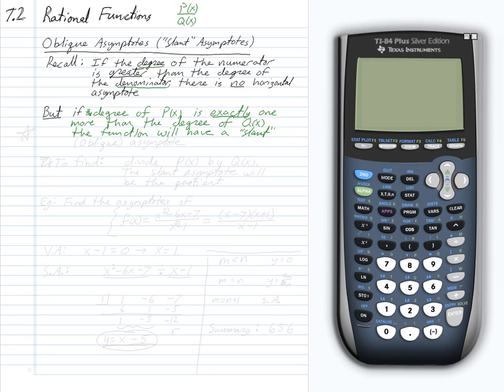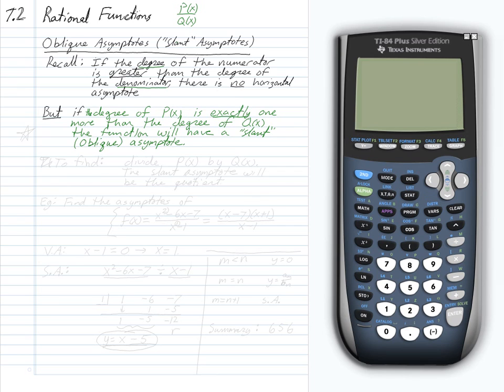Now, I'll use the term slant because it's a little bit shorter to write and to say than oblique, but the technical name for these types of asymptotes is oblique asymptotes. All right.